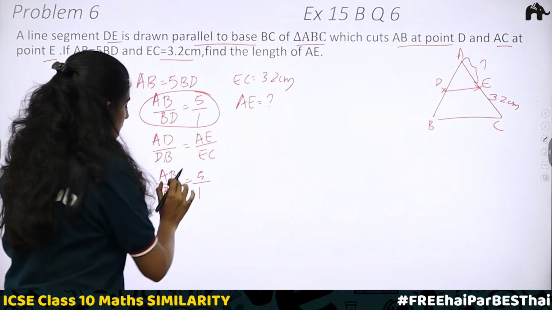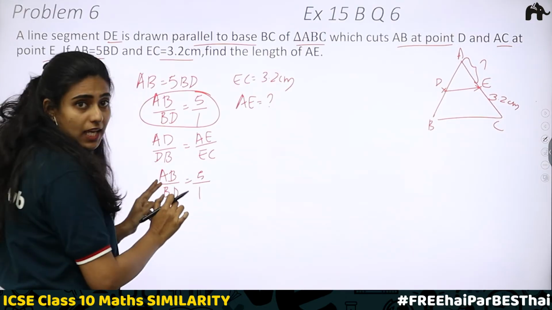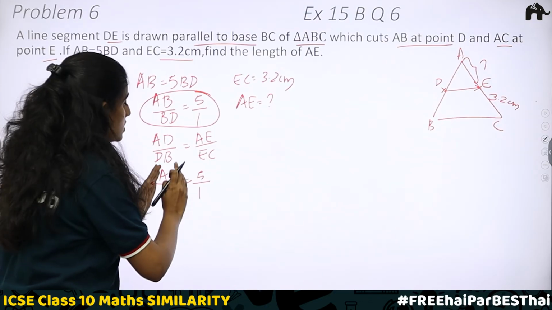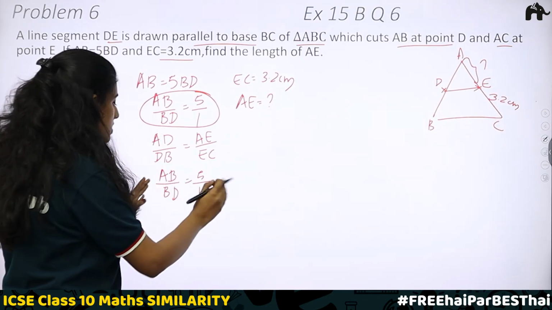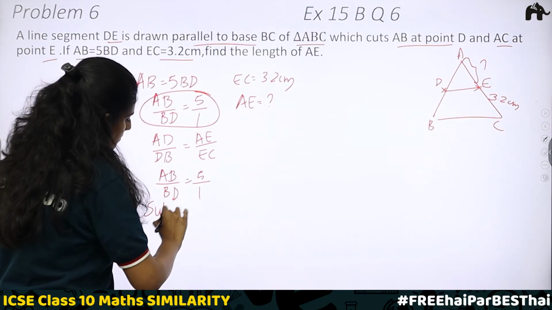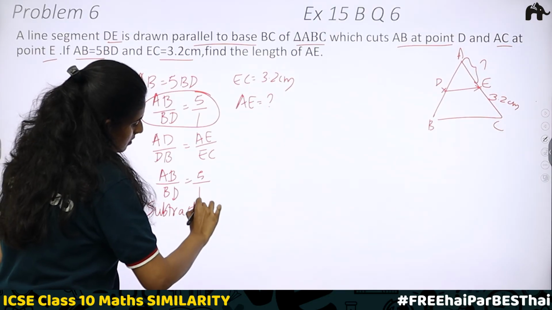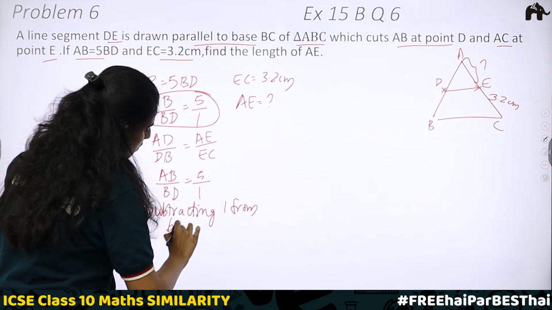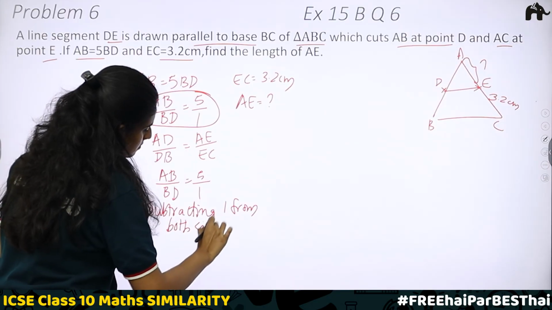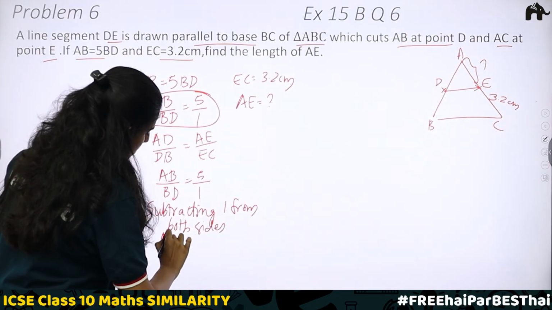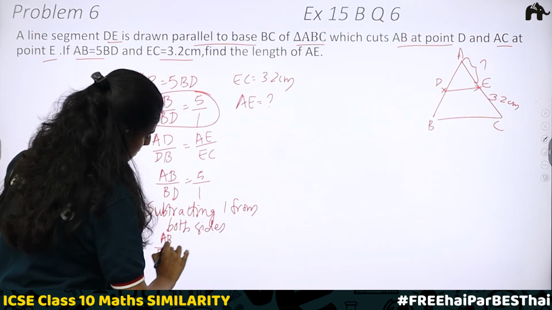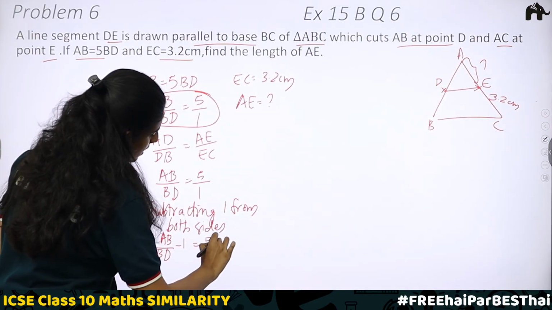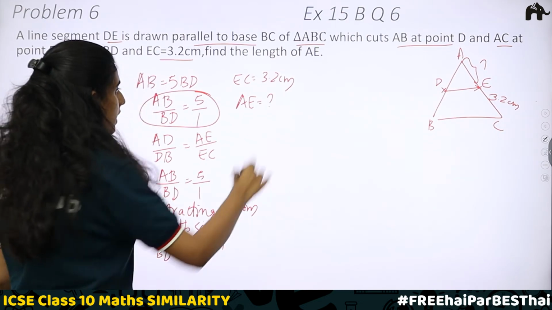To subtract BD from AB, we are going to subtract 1 from both sides. That is AB divided by BD minus 1 is equal to 5 by 1 minus 1.